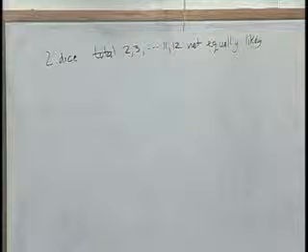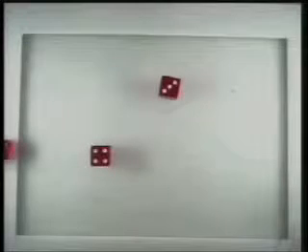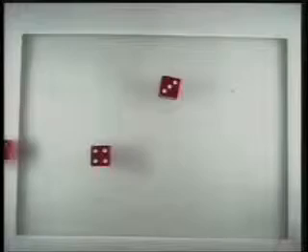If I roll 2 dice like this, no need really to put this on camera. What's the set of individual outcomes that are equally likely? All the ordered pairs. The number on the first die, the number on the second die.